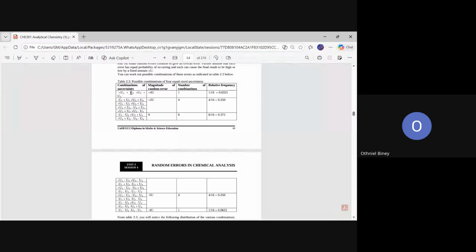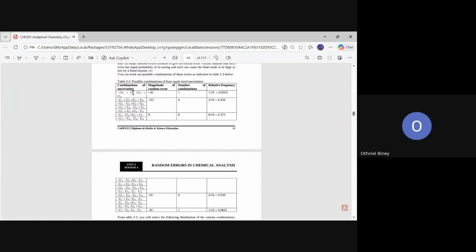If you add all of these, it gives you a total of 4U, because 1 plus 1 plus 1 plus 1 gives you 4. So 4U.